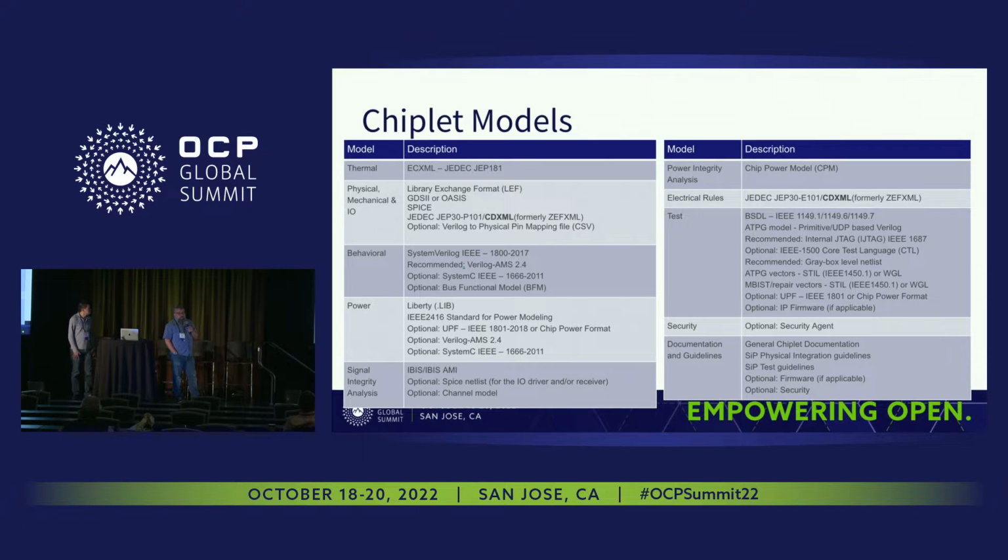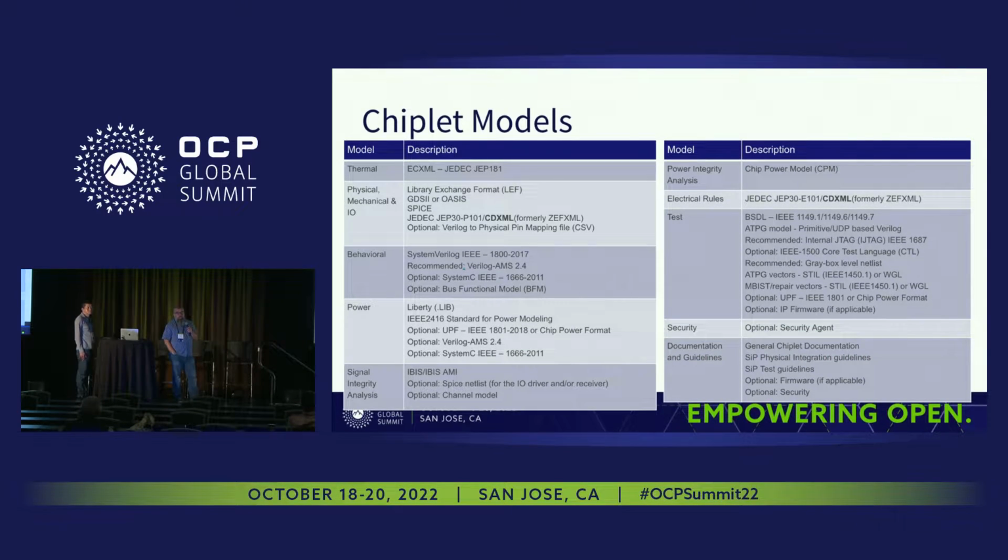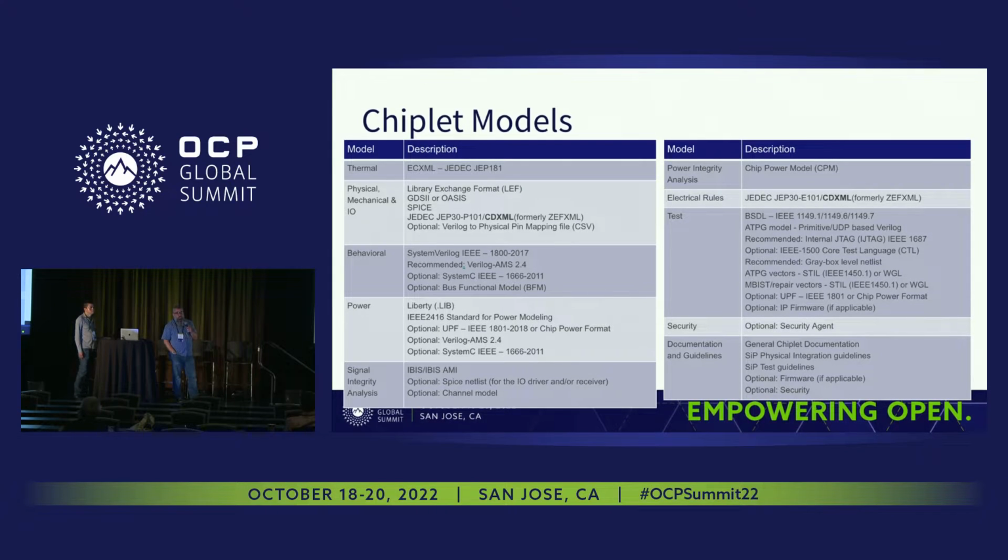We looked at SI, PI; those are big topics when we're talking about chiplets on the same substrates. Electrical rules, and one thing that we identified in some of the electrical rules as gaps is where CDXML comes in, and James is going to cover how CDXML fills the gaps.